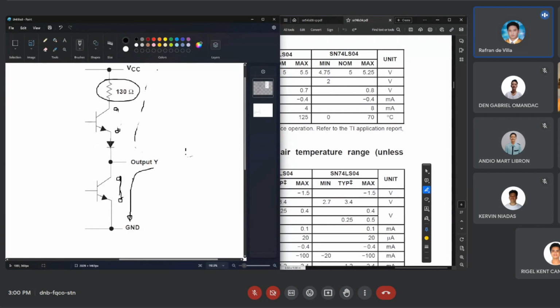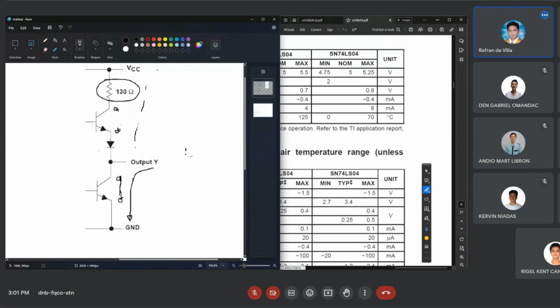It serves as a gate permitting only a one-way flow of current. So if it generates a low signal, it cannot pass toward this side. The low signal will only be shunted toward the ground.